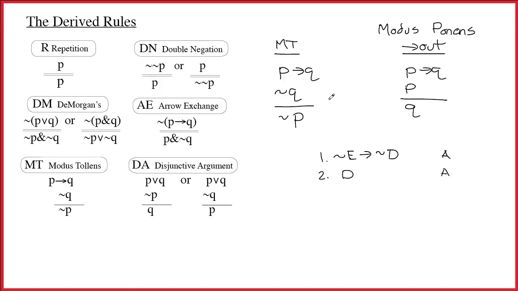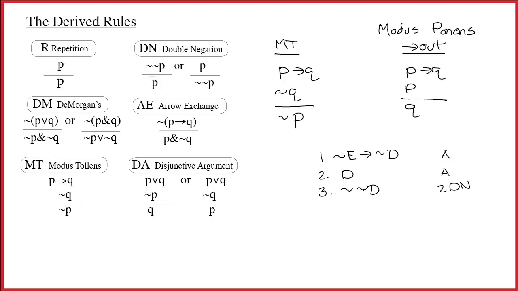Well, if we're going to be really strict about the rule, the negation of Q would actually be tilde tilde D. We don't have tilde tilde D, but we do have the next best thing, which is D, and since we have our double negation rule, when I look at line 1 and I see line 2, I am inspired to add 2 tildes to it in this way and call this 2 double negation.